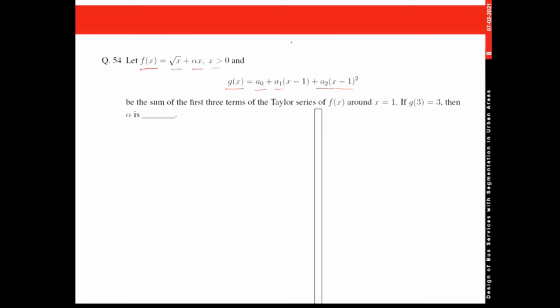So this is also a Taylor series, right? It is the sum of the first 3 terms of the Taylor series around x equal to 1. That means we are finding the Taylor series with center 1. Given that g of 3 is equal to 2, we want to find alpha.